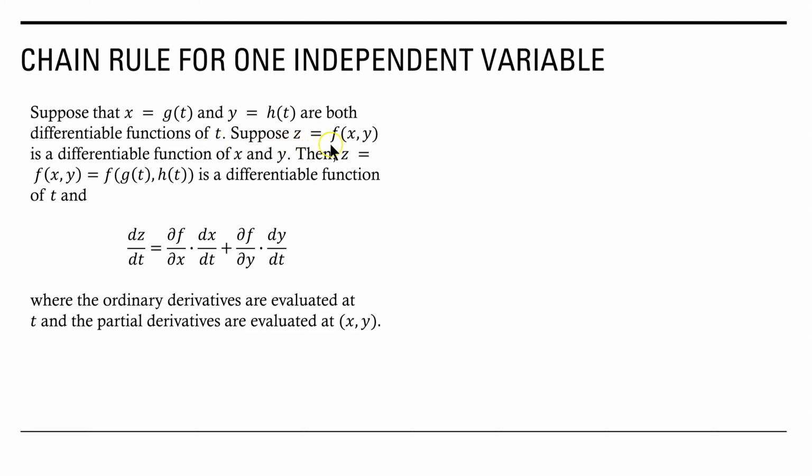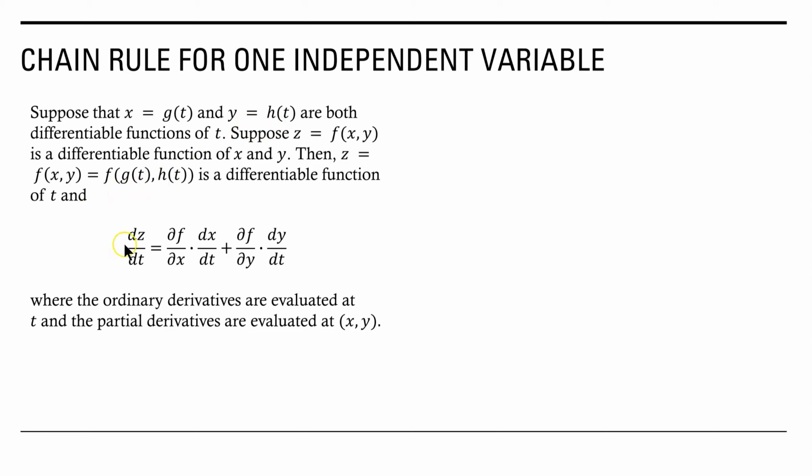We're also going to suppose that we have a function z equal to f of x and y, and that this function f is differentiable for x and y. That means that our function z, which is f of x and y, can really be thought of as f of g of t, h of t, because of how x and y are defined.